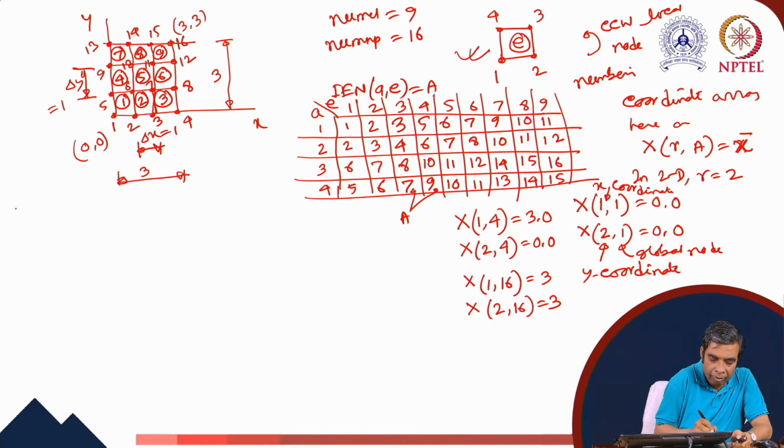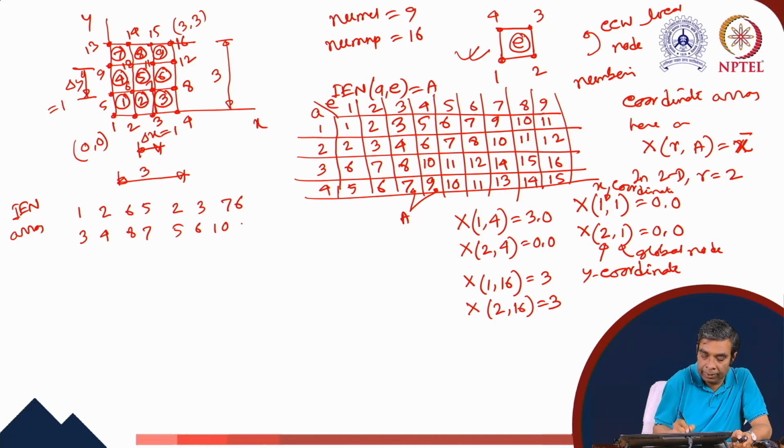So here, first we write the IEN array. The mesh data is represented as 1, 2, 6, 5, 2, 3, 7, 6, 3, 4, 8, 7, 5, 6, 10, 9.